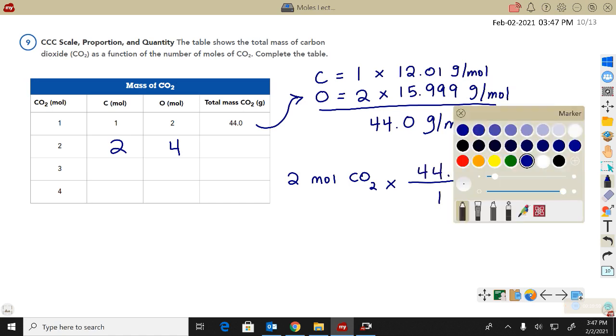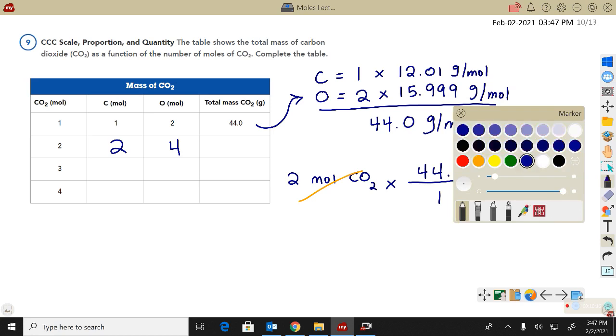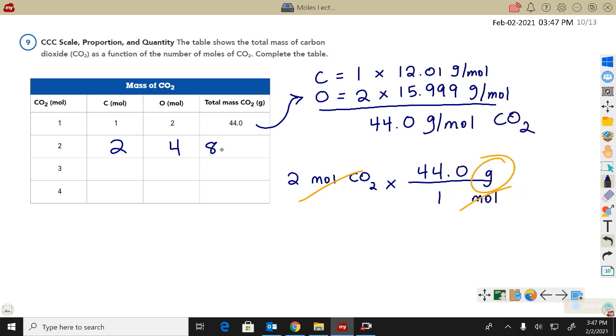So that the unit I want to cancel goes on the bottom, and I want to switch it to total mass. I want to switch it to grams. That goes up on the top. Oh, well, if every 1 mole of carbon dioxide is 44 grams, then hello, 2 moles is 88 grams. That's all they're getting after here.